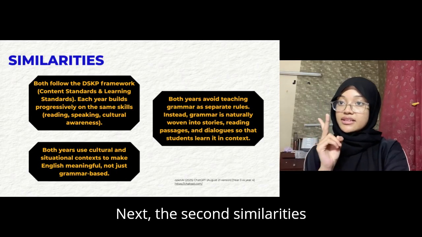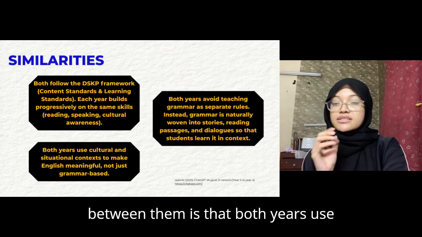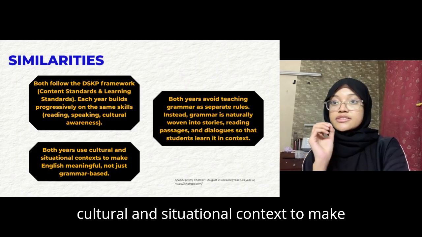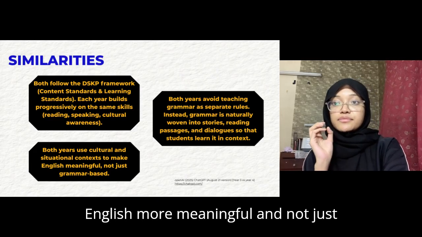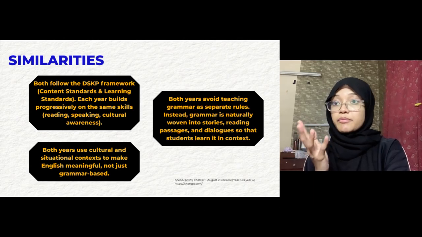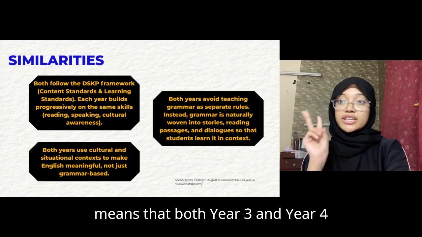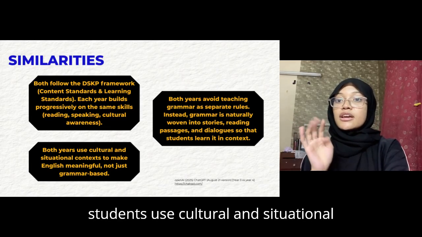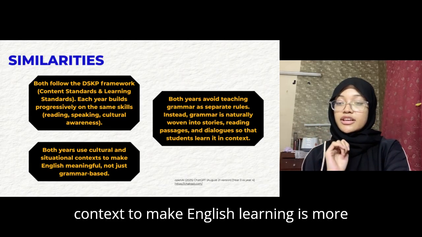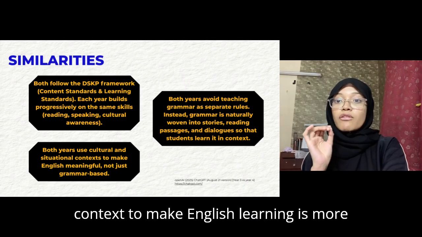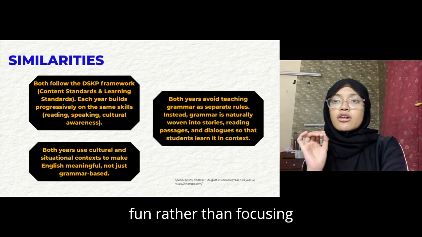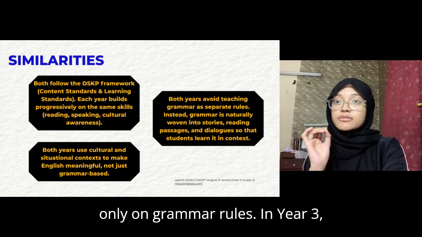Next, the second similarity between them is that both years use cultural and situational context to make English more meaningful and not just grammar based. What does this mean? It means that both Year 3 and Year 4 students use cultural and situational context to make English learning more fun rather than focusing only on grammar rules.